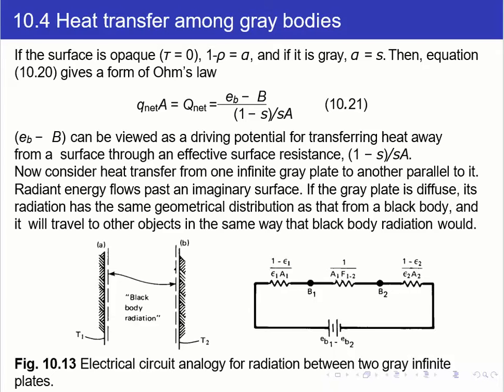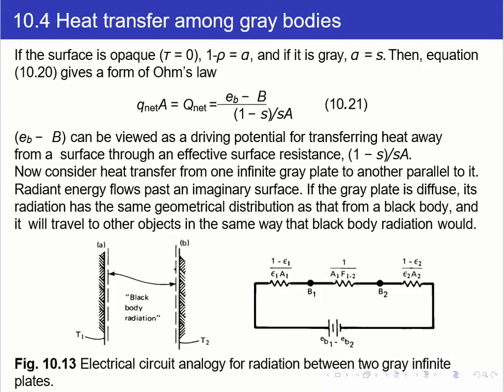Then the equation forms Ohm's law, that q net into A is equal to the capital Q net, which is equal to (E_b minus B) by (1 minus ε) by εA, where E_b minus B can be viewed as the driving potential for transferring heat away from the surface through an effective surface resistance. It is (1 minus ε) by εA.